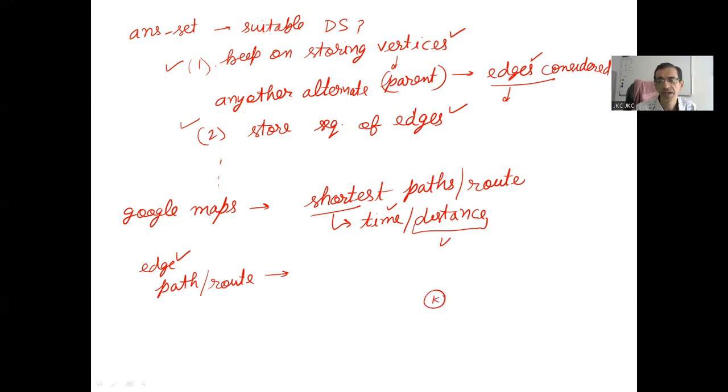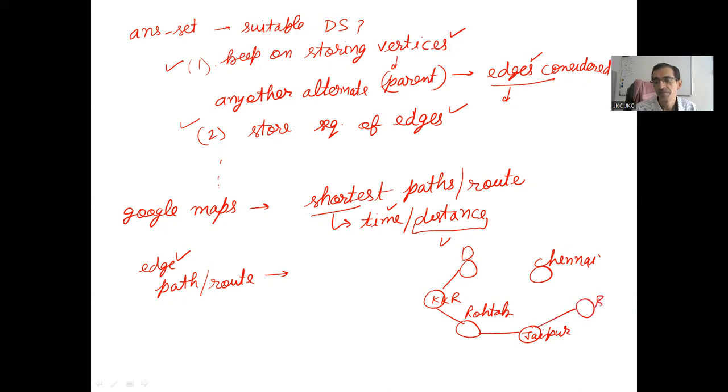For example, I am traveling from KKR and I have to go to, let's say, Chennai. I could go via Delhi, then from Delhi to Rohtak, then from Rohtak to, let's say, Jaipur, then Jaipur to, let's say, Bombay, and then Bombay to Chennai.